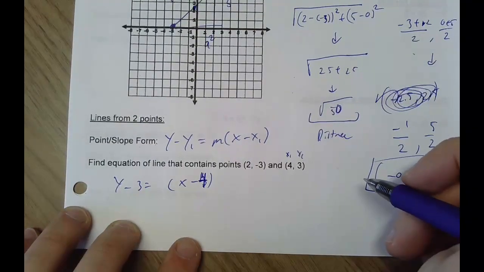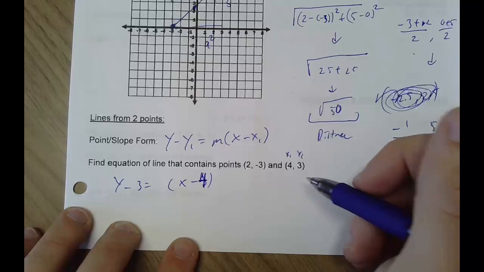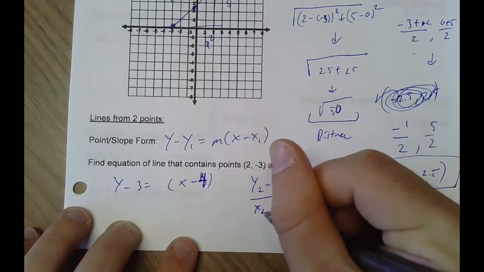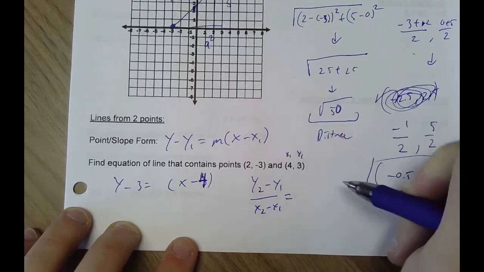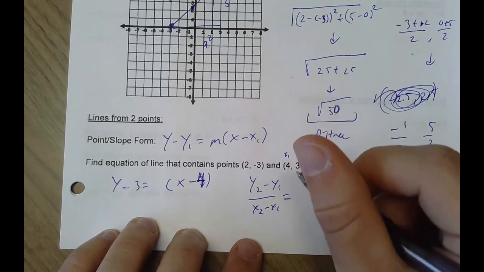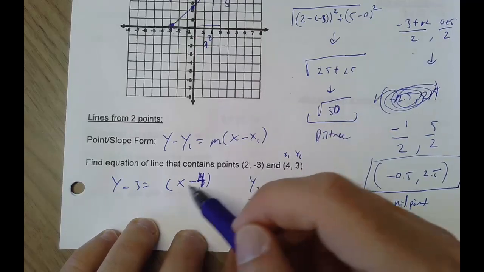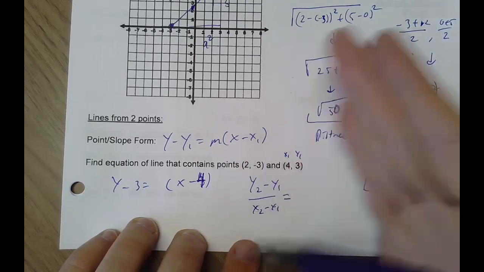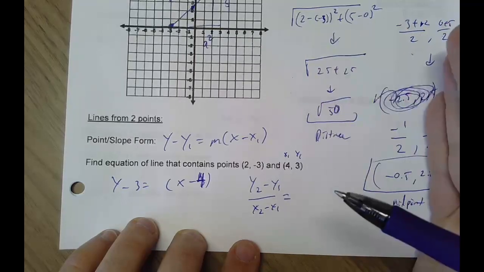Okay? And so we need to get the slope. We're missing the slope. So reminder that slope equals y2 minus y1 over x2 minus x1. I know that I just called this x1 and y1, which is probably confusing to you, but when we find slope, the x2 refers to the later x value.